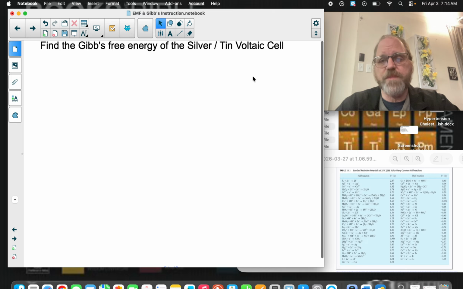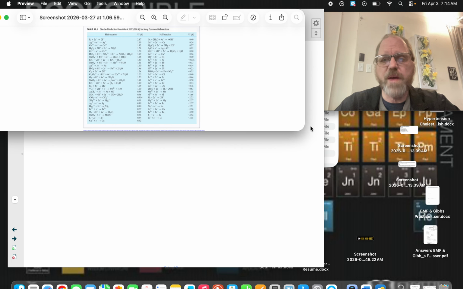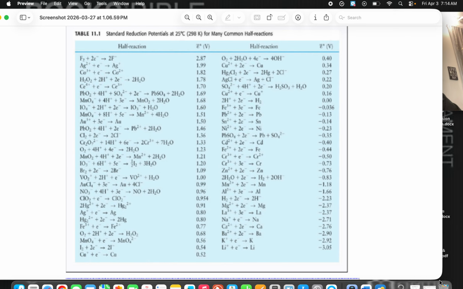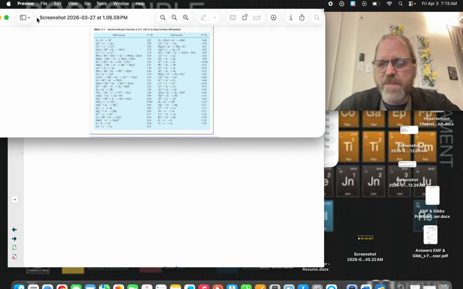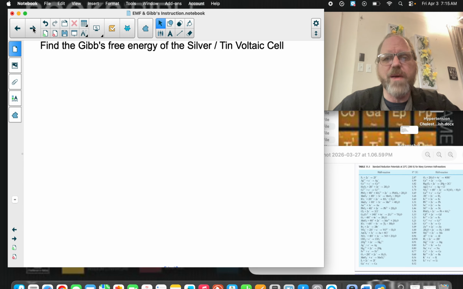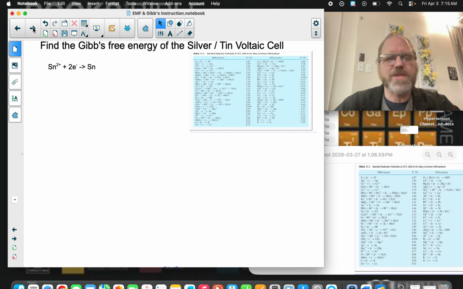This time silver and tin. All right, let's try to make this a little bigger for you so that way you can see it big. If you want to take a screenshot of it, help yourself out. All right, great. Okay, so let's try and get back down now. All right, so that being the case, here we go.